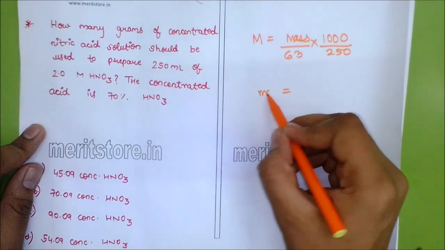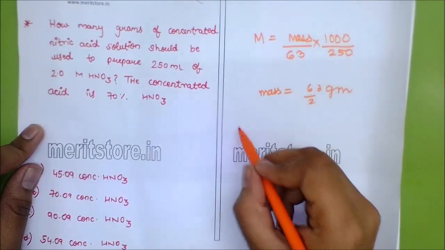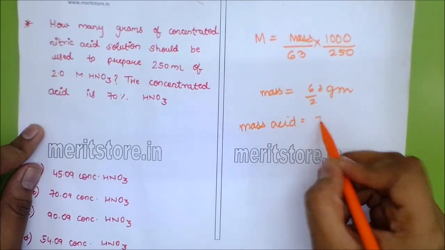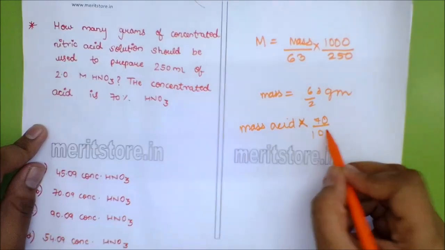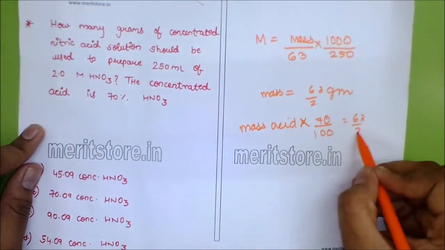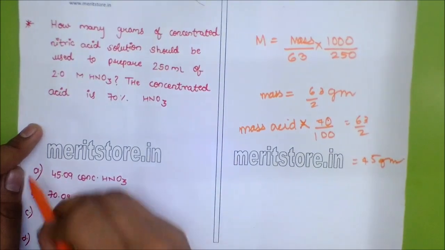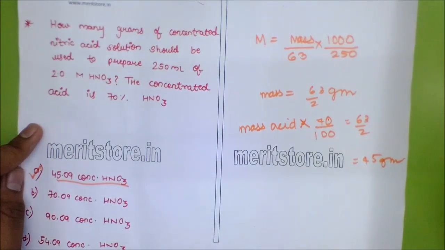Now mass will be 63 upon 2 gram. Mass of acid into 70 upon 100 is equal to 63 by 2, which is equal to 45 gram. So option A, 45.09, is the correct answer.